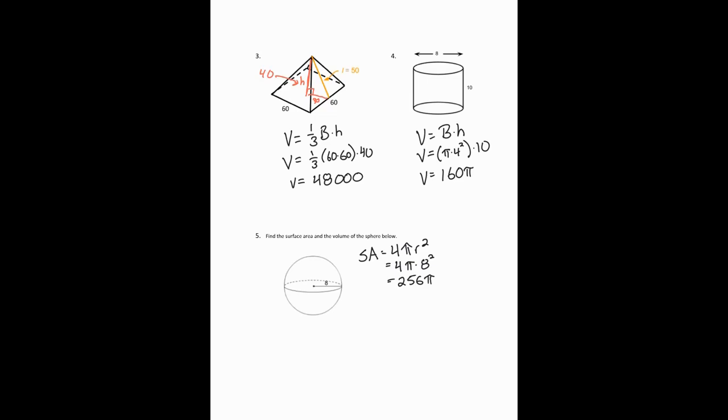And then for our volume, our formula is 4/3 pi r cubed, and our radius again is 8. 8 cubed is 512.